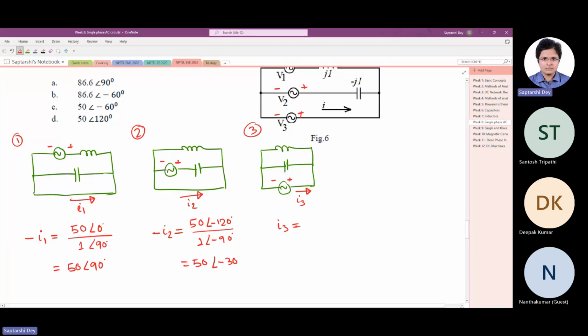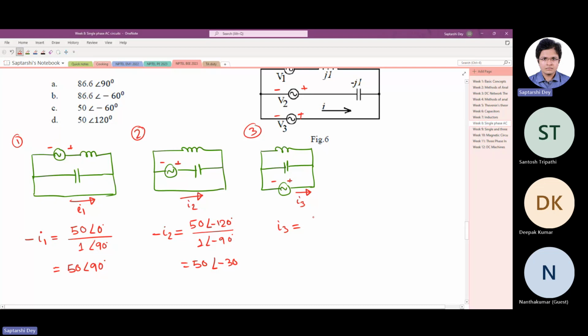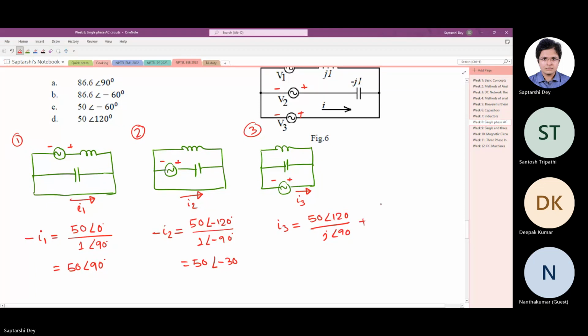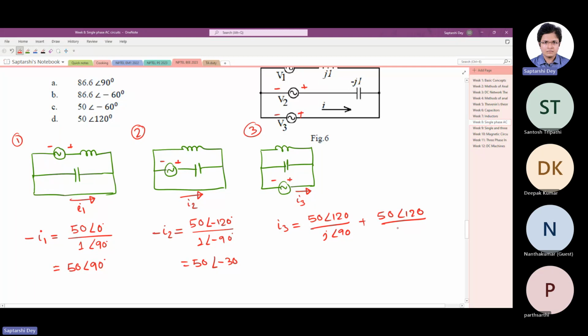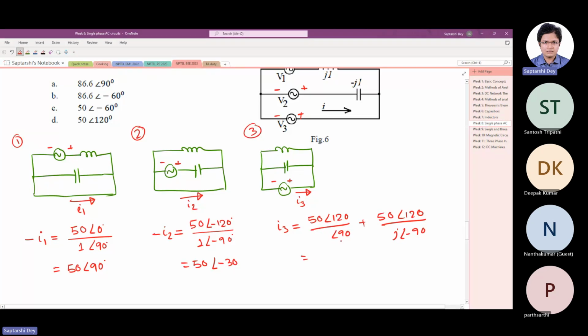I3: there are two things in parallel now. It is 50 angle 120 by j, that is 1 angle 90, plus 50 angle 120 by 1 angle minus 90.